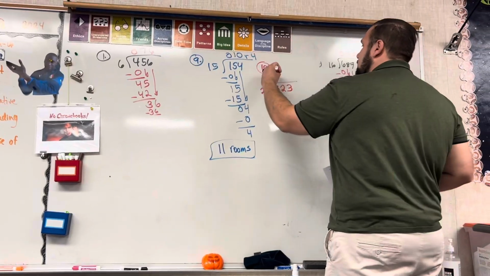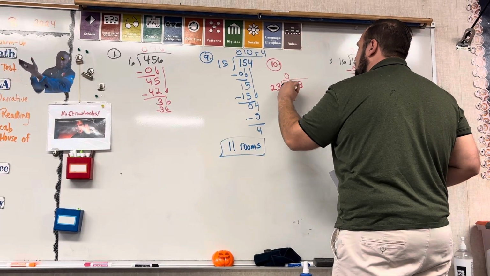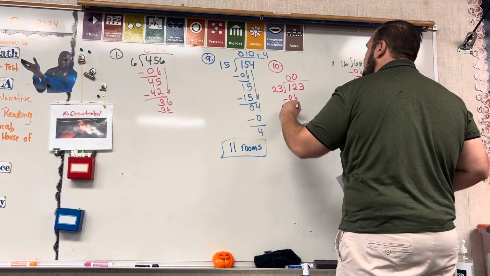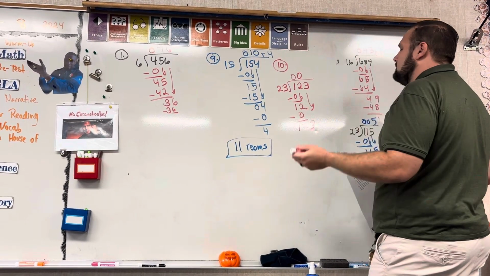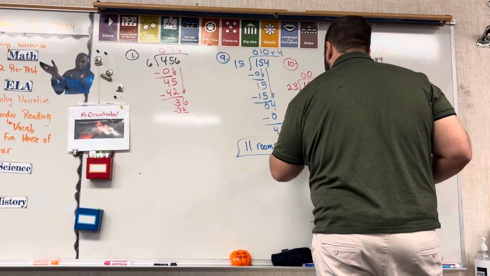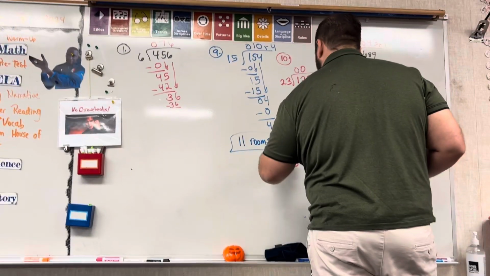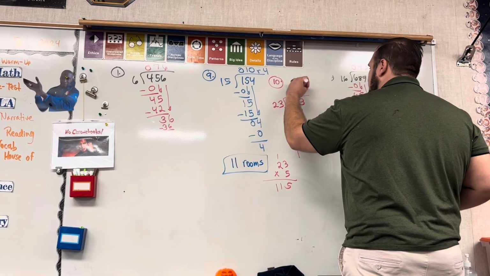So let's divide. 23 goes into 1 0 times. Bring down the 2, 0 times. Bring down the 3. 23 is, I'm going to say maybe 5 times. 115. Okay? So it's going to be 5 times.